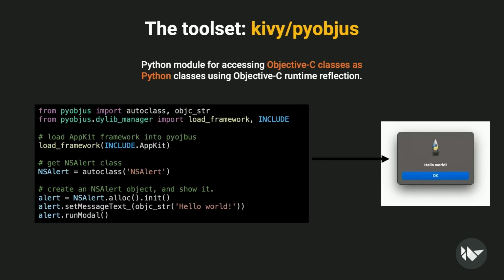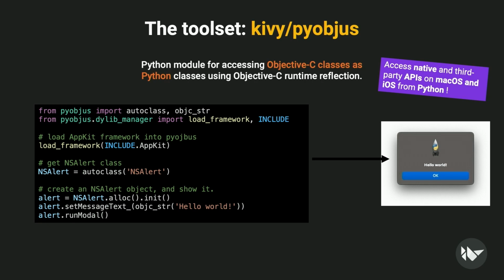And like Pyjnius, we also have PyObjus. PyObjus is a Python module for accessing Objective-C classes as Python classes using the Objective-C runtime reflection. So, like Pyjnius, but for macOS and iOS, so we can access native and third-party APIs on both iOS and macOS from Python.